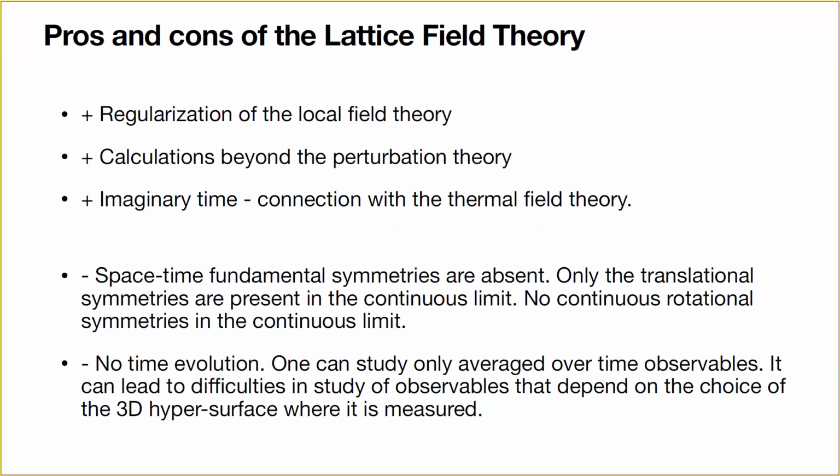And there are some real serious cons. First of all, some of the fundamental symmetries are absent. In fact, in the lattice itself, when we factorize small distance scales, we do not even have translation symmetry, but it is present in the continuum limit. But there is no continuous rotation symmetry even in the continuum limit. It is always the C4 symmetry of the lattice, a cube, so you can rotate it only by the angle π/2, and not by smaller angles.